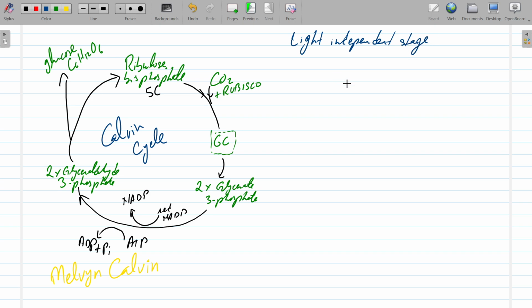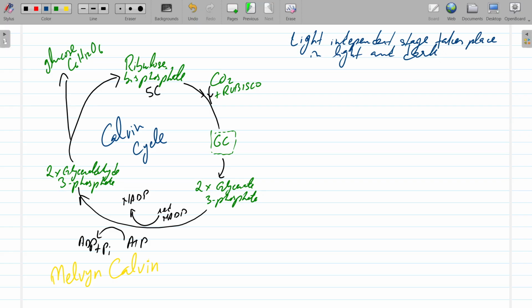Just because it's light independent doesn't mean that it occurs only in the dark, without the light, at night. No. It occurs in the light and the dark.